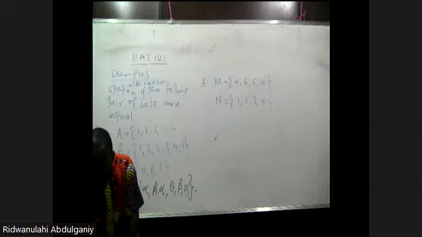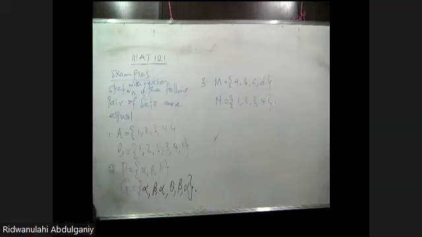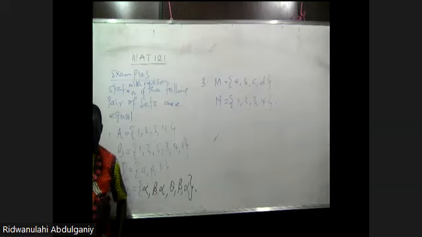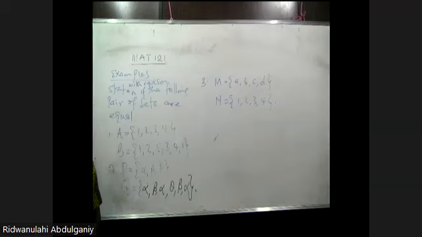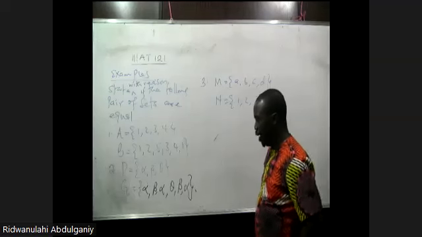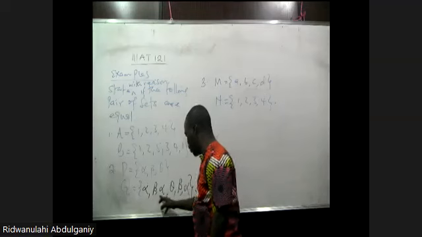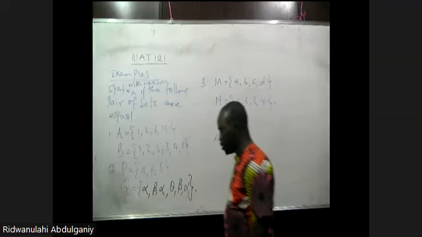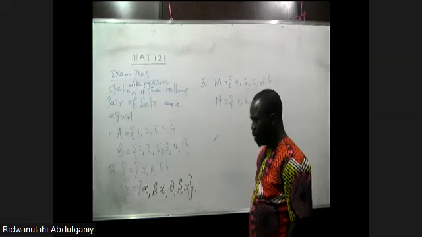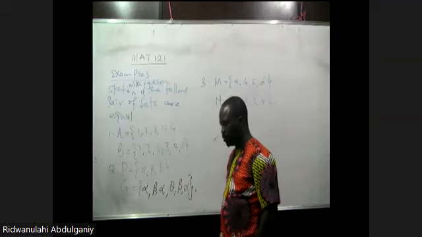Anthony, kindly unmute yourself. We are moving to question 2 now. P and Q, are they equal? Yes, sir, they are equal because they are subsets of each other. But Q contains 6 elements and P contains just 3 elements.